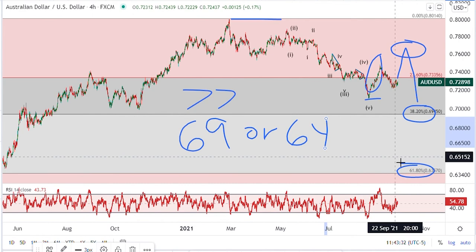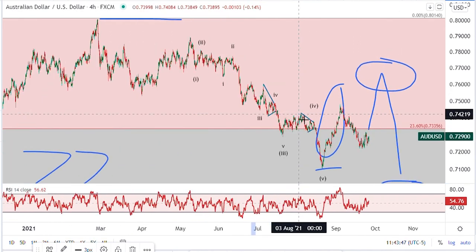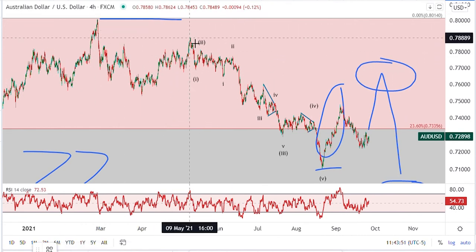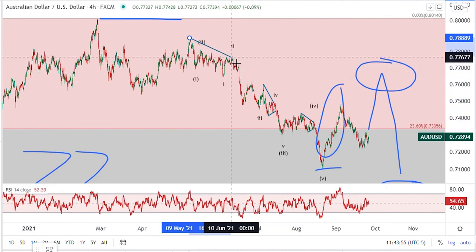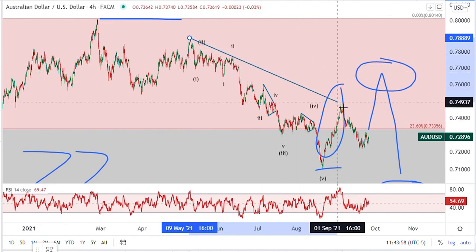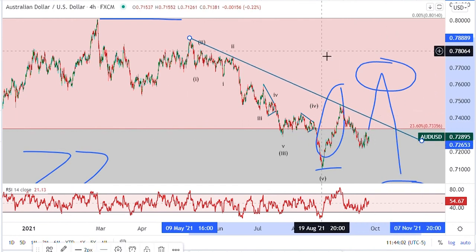So I think the trading opportunity is that if you're a shorter term intraday trader, maybe you can ride this rally up to 77 cents. But I think short traders are going to have their time in the sun coming up when we get up into those mid 70s. Another trend line to keep an eye out for as well is that if we draw a trend line from that May high and cross the June high, it comes right into where that September high has interacted as well.